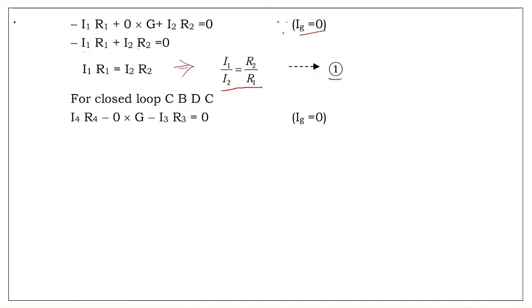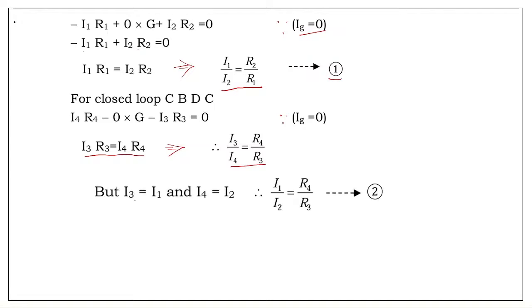For closed loop CBDC, I4 R4 - 0 × G - I3 R3 = 0, because IG is equal to 0. Therefore, we get I3 R3 = I4 R4. Equating, I3 by I4 is equal to R4 by R3.